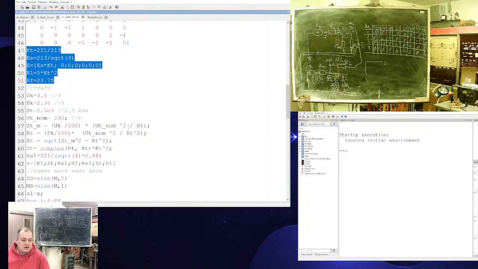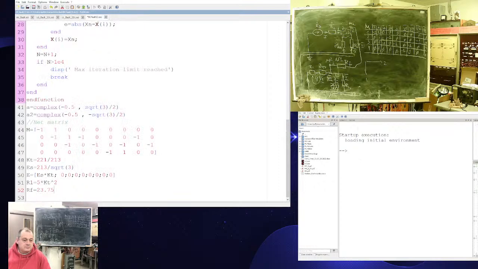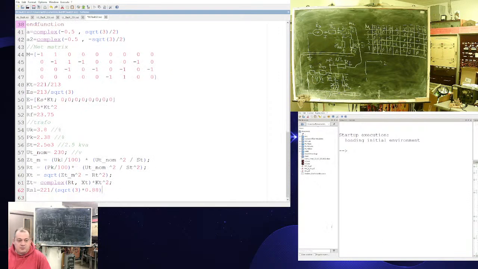Next one, I need data for my transformer. Here is the data for my transformer. I found it in some paper: during the short circuit experiment, the voltage of my transformer at which current was equal to its nominal current was 3.8% of its nominal voltage. And losses 238%.